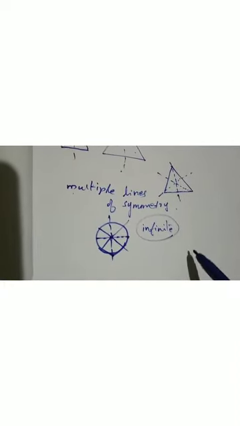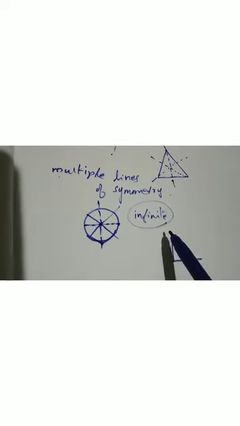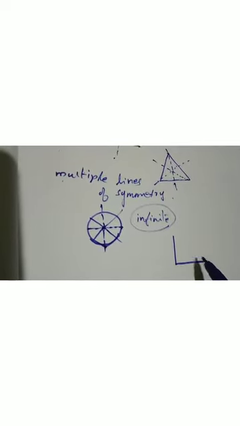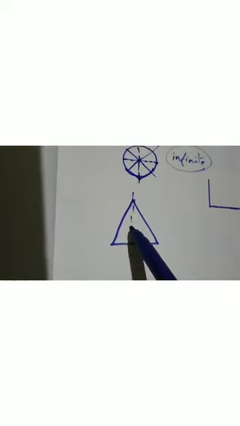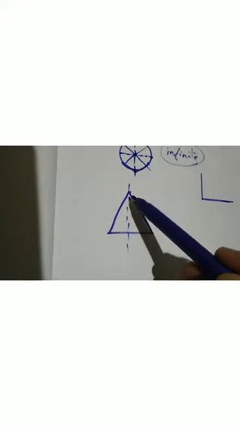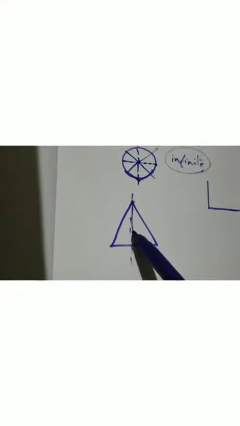Okay, for some triangles, that is isosceles triangle, this is the line of symmetry, and we have studied this will be the median because this is joining the correct middle of this opposite side.